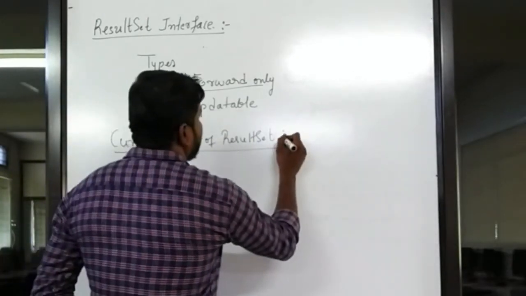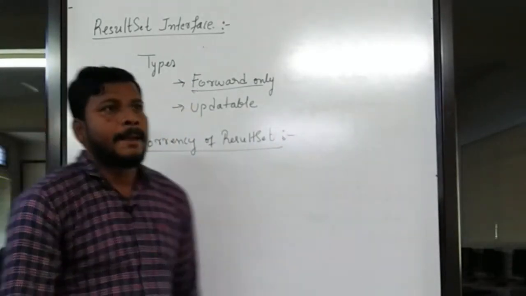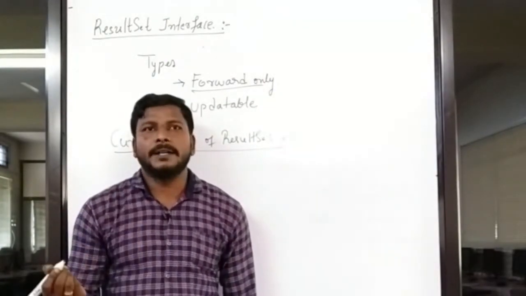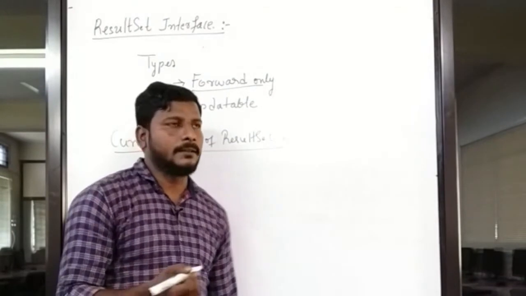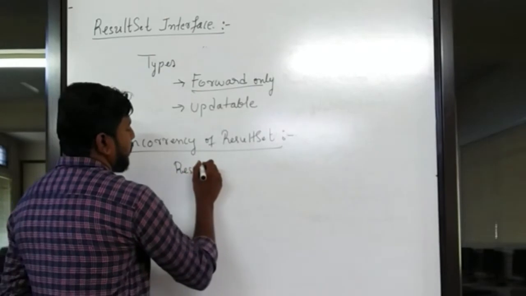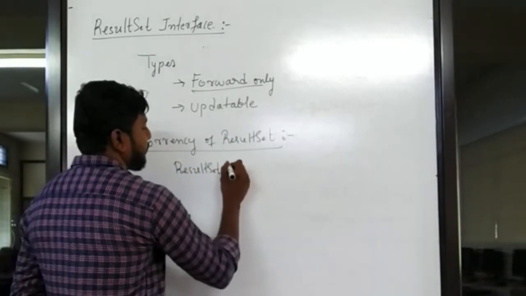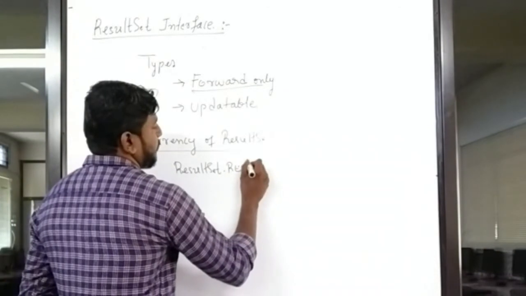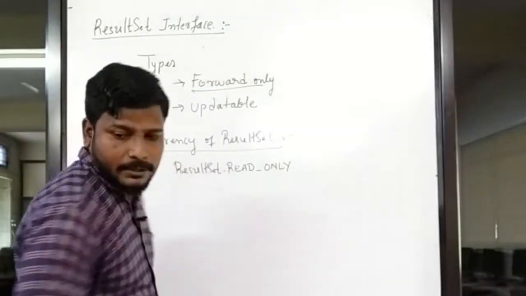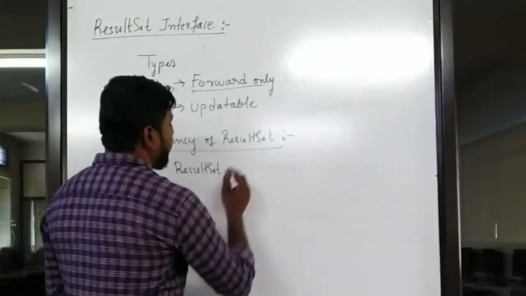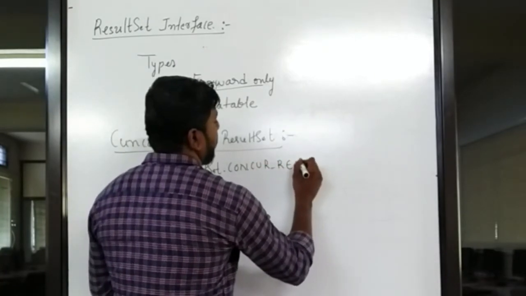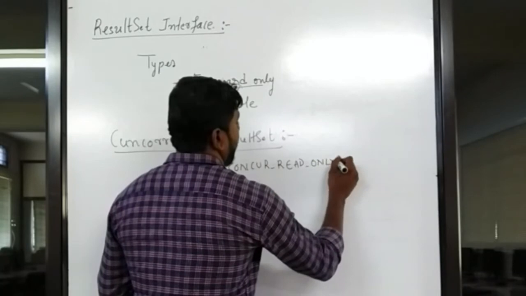Okay, so concurrency means whether you want to make a result set read only or updatable. You can specify it with keywords like ResultSet.CONCUR_READ_ONLY.